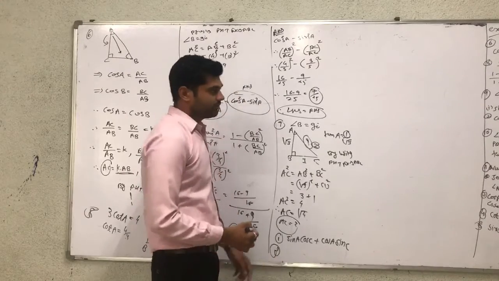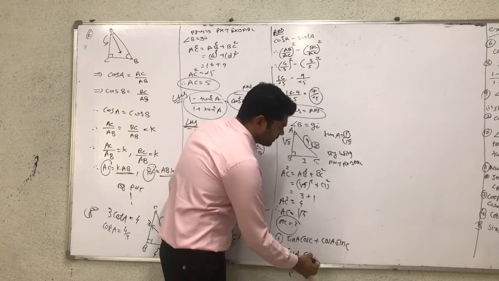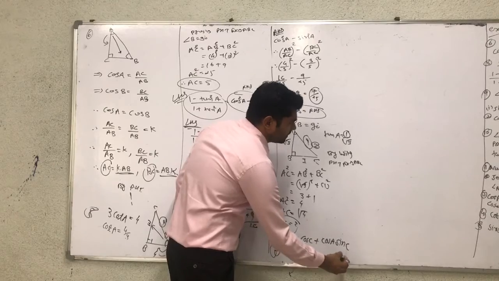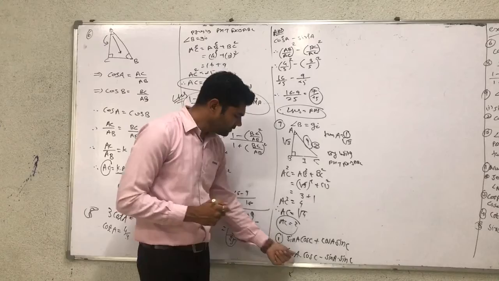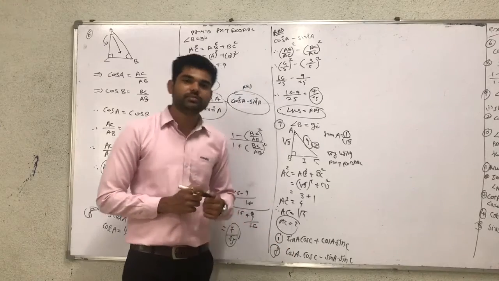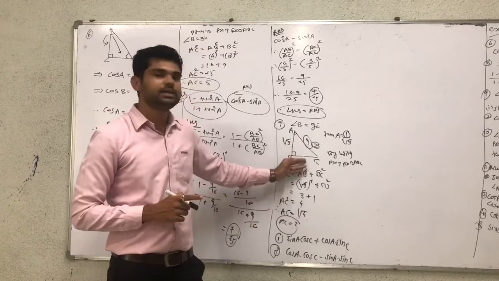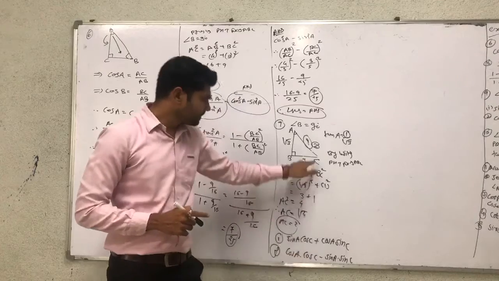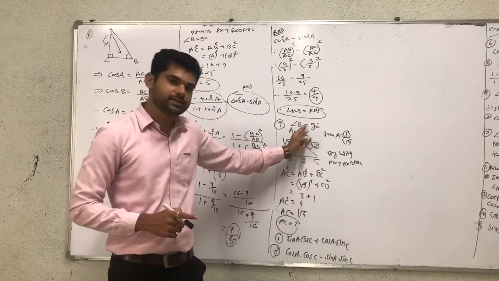In the second question, cos A multiplied by cos C minus sin A into sin C. Similarly, first find the value of cos A. Cos A means adjacent side upon hypotenuse. So the adjacent side of angle A is AB and the hypotenuse is AC. Cos C: according to angle C, the adjacent side is BC, hypotenuse is AC.